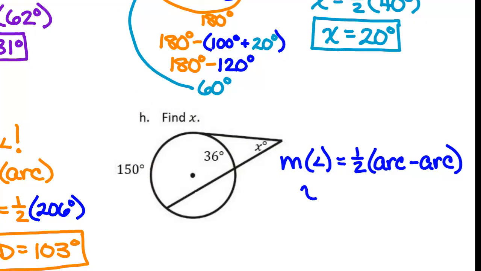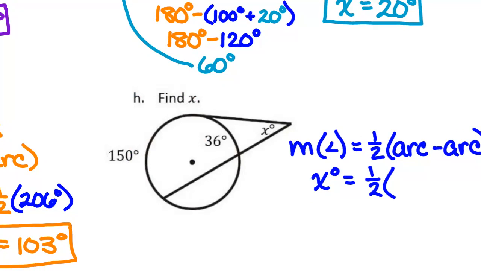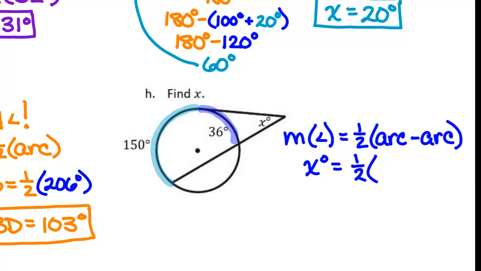My angle is X times 1/2. And then how big are the arcs that are being intercepted here? 36 and 150. Which one should I write down first? 150. Bigger one first.